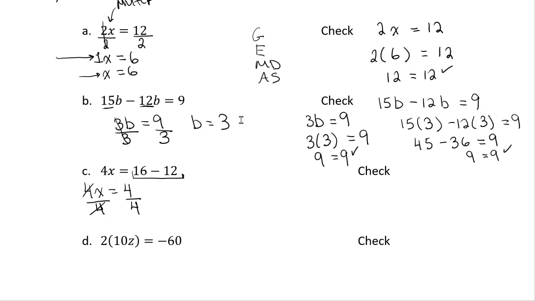So that has canceled. So I'm left with x equals 1. All right, so now my check for x equals 16 minus 12. 4, replace the x with parentheses.